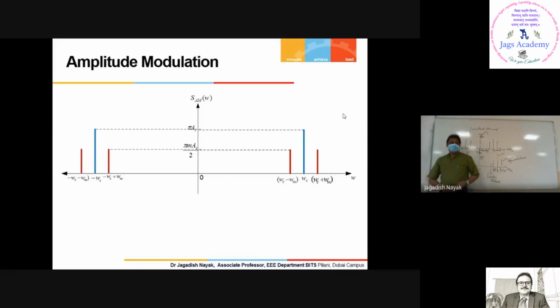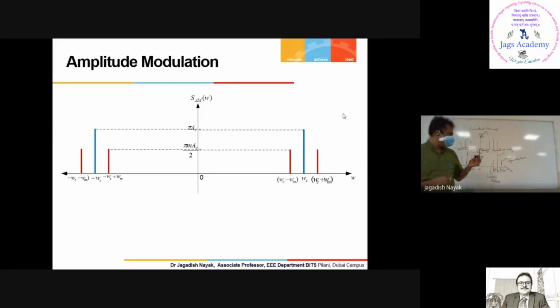So we need to remove components. Remove two components out of this, keep only one sideband. The carrier is anyway not required.